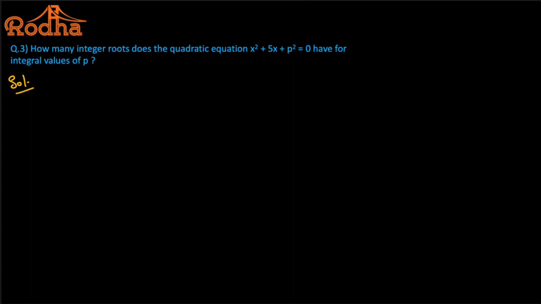See, for integer roots we don't have a direct check, because we know that the discriminant of a quadratic is a perfect square only when the roots are rational.